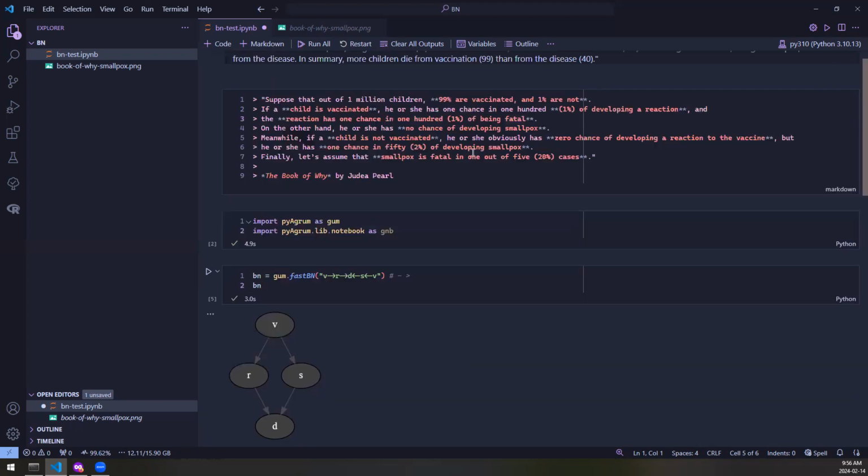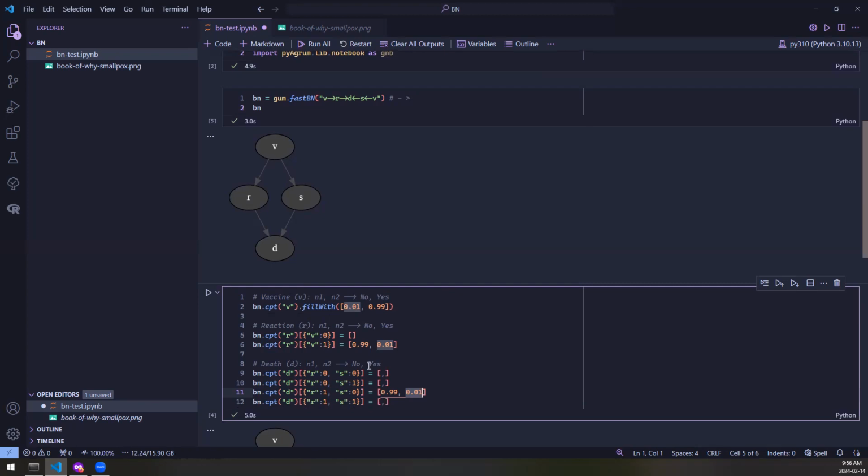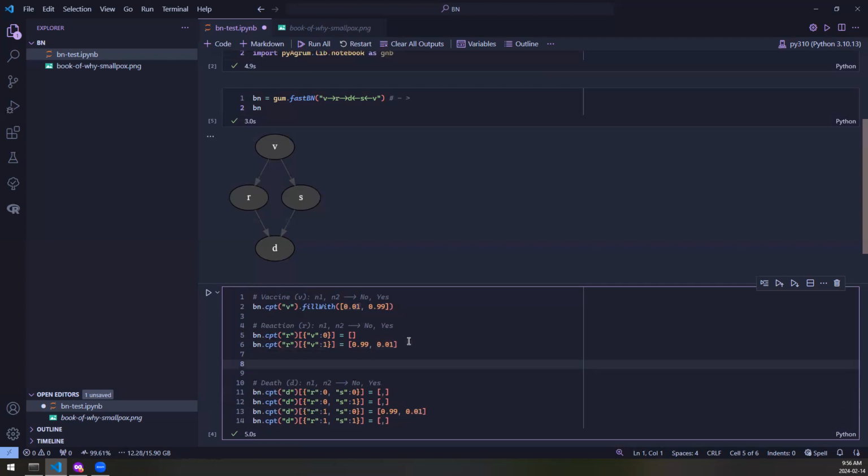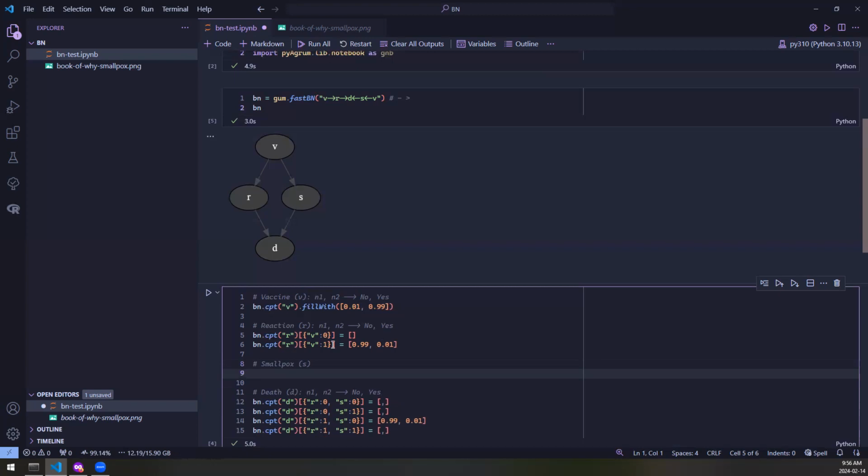On the other hand, he or she has no chance of developing smallpox. So that means if the child was vaccinated, they are not going to have smallpox. So this is about our smallpox variable, our variable S, exactly the same structure as before.